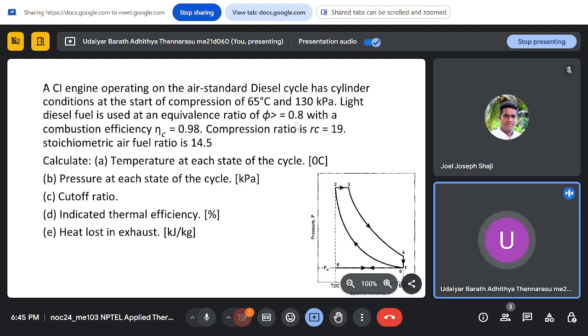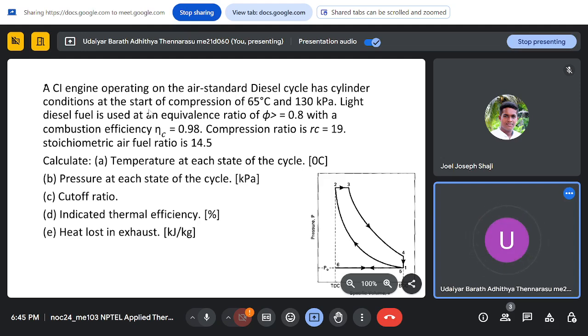So here you are using 0.8, with a combustion efficiency of 0.98, and your compression ratio is 19. Another observation you can make is that your Otto cycle or petrol engine will always have a lower compression ratio, and your diesel cycle will have a higher compression ratio.